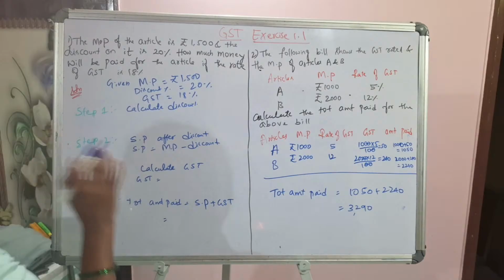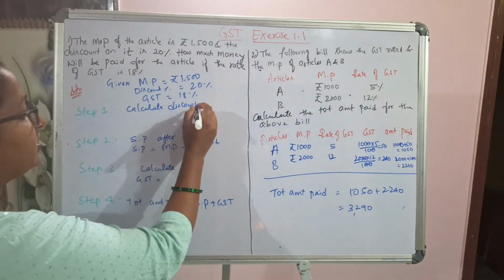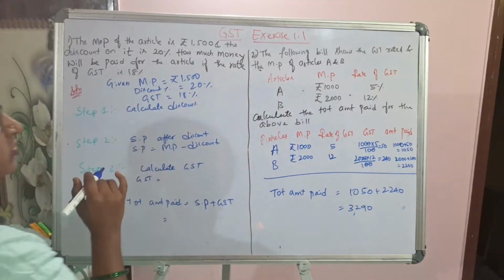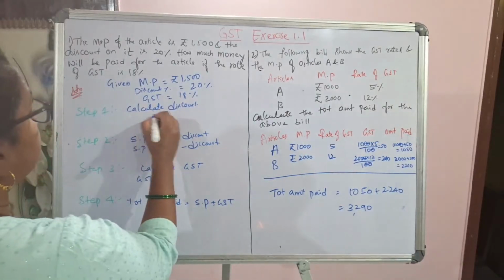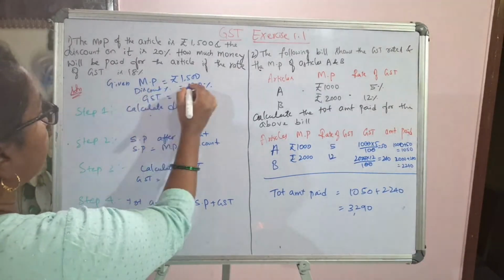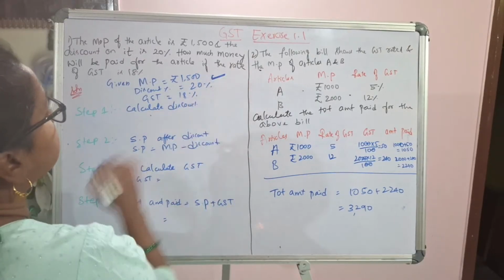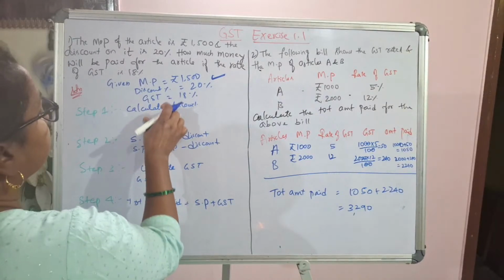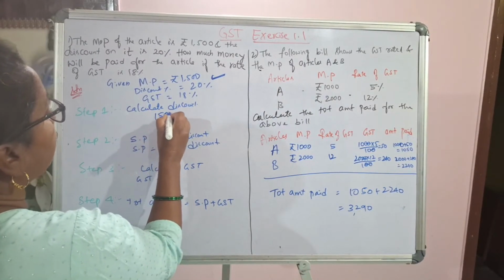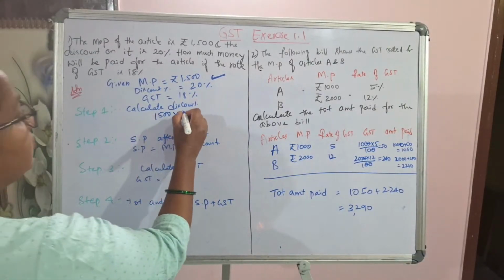Now in step 1, the first step we have to calculate the discount amount. Here the market price is given, that is rupees 1500. In that we have to discount 20%.